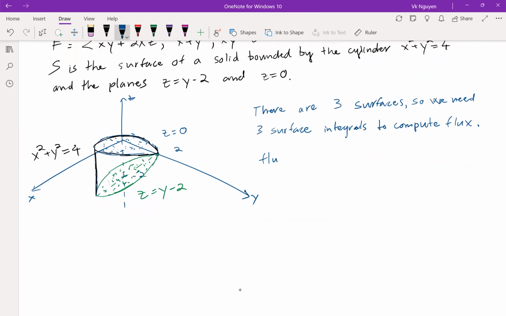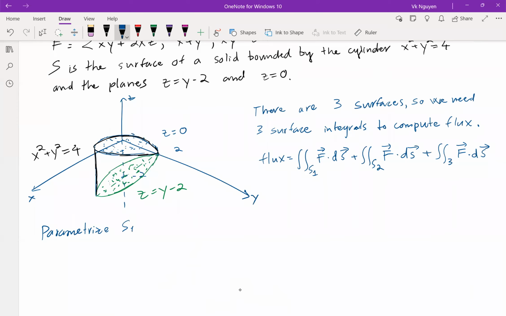Flux is the integral over surface 1 of F dot dS, plus surface 2 F dot dS, plus surface 3 F dot dS. Parameterize S1, call it S1, right?